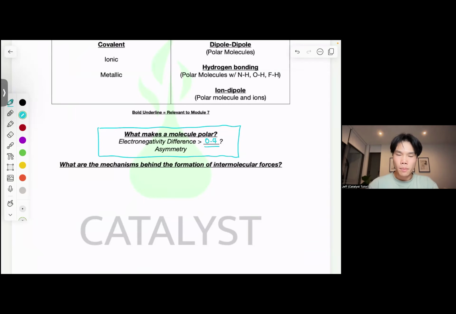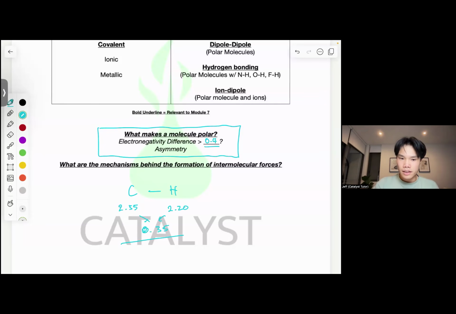And what I mean by that is when you look at the electronegativity of 2 atoms in a bond, for example, you look at carbon and it's bonded to hydrogen. Hydrogen has an electronegativity of 2.20 and carbon has one about 2.55. So when you're comparing the electronegativity difference between carbon and hydrogen, the difference is simply one minus the other, giving us 0.35 as our electronegativity difference.